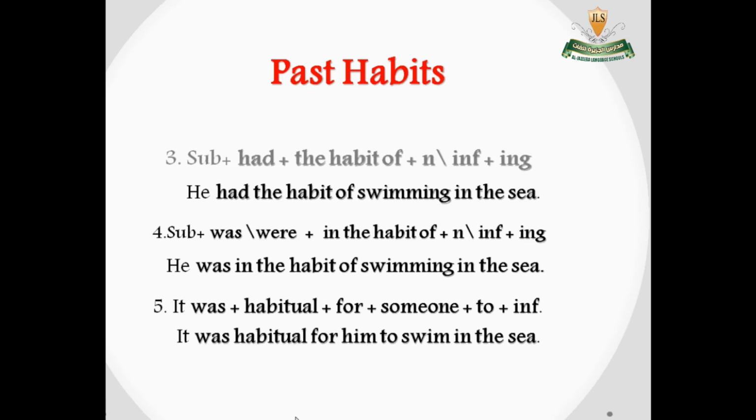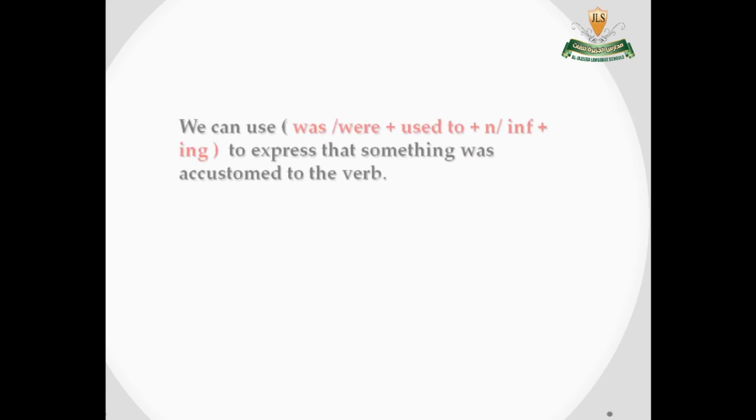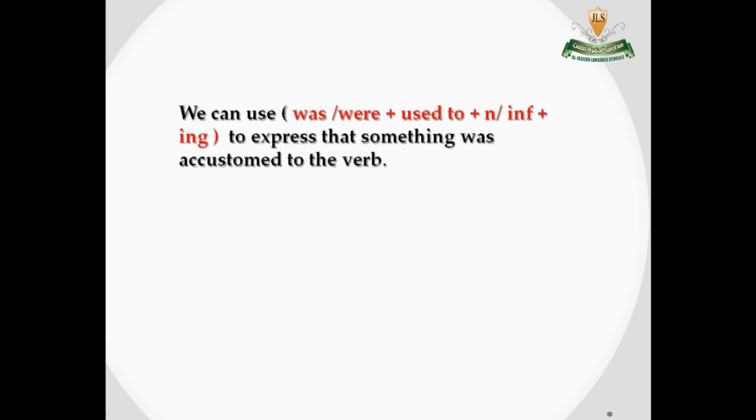So I have 5 ways I have to study so that I will know how to use it in the past habit tense. Another way, I can use it to express that someone was accustomed to something, with was or were plus used to plus noun or infinitive with ing. For example, they were used to working in the sea.